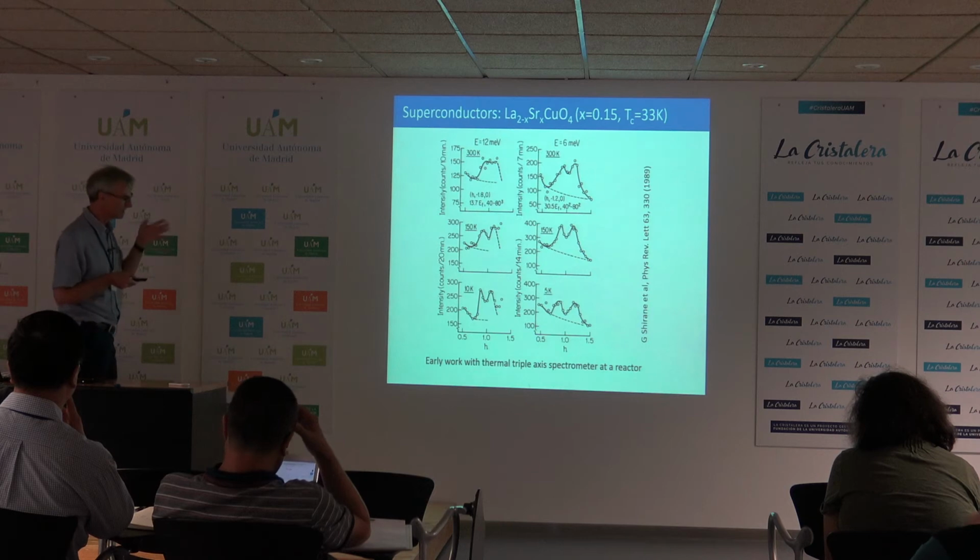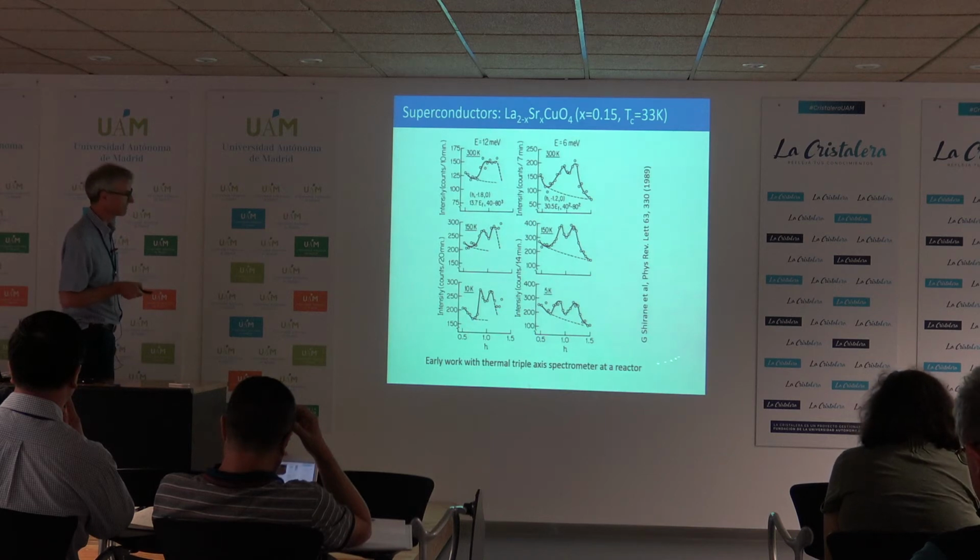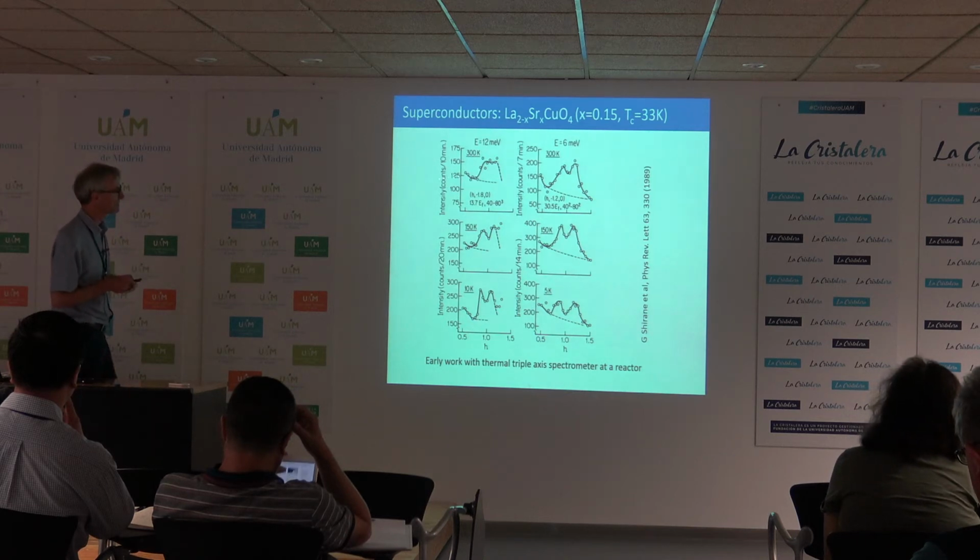So this is going back in time to some of the early work from Gen Shirane at Brookhaven. Unlike the parent cuprate, at low energies he found that you have these incommensurate peaks.